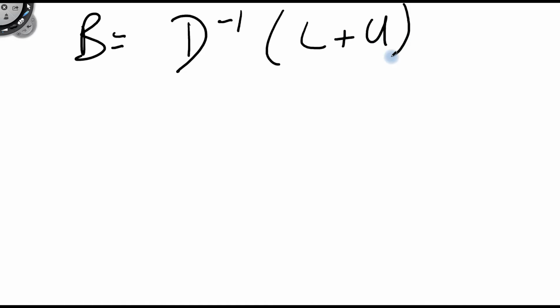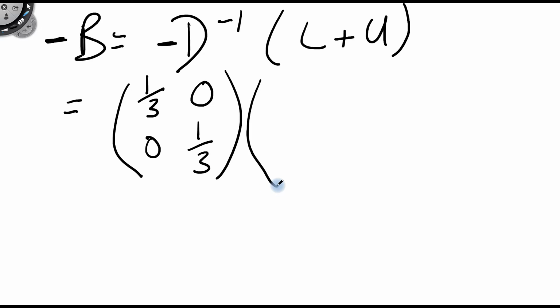And then we use a result from before that B is D inverse times L plus U, which now we can just plug in. And actually what we're going to evaluate is minus B in this case. So we put the minus sign here, and D was just 3, 3. The inverse of a diagonal matrix is just the reciprocal of its elements. So that's D inverse.